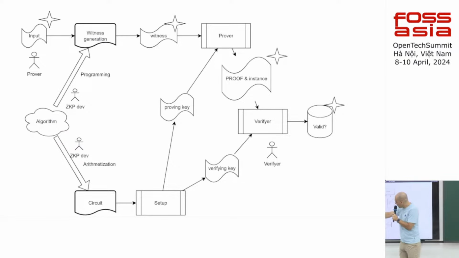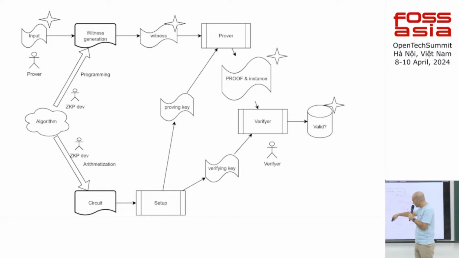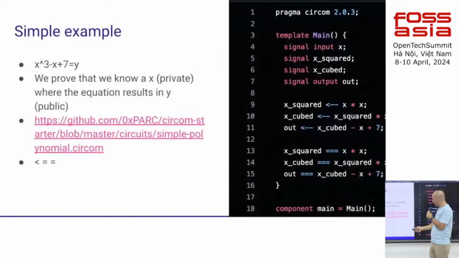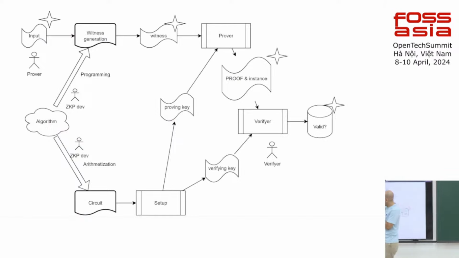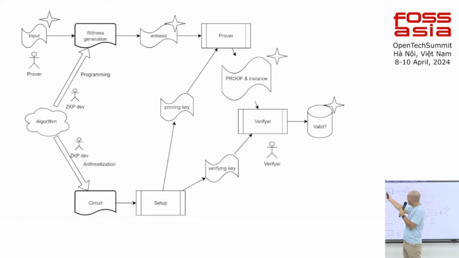From the circuit, you can create the keys, and then you can execute the witness generation, the single arrow, for any x. In this case, x is the input. This generates all four values of the witness. Then the prover can generate proofs that include the part we want to make public, for example, x.